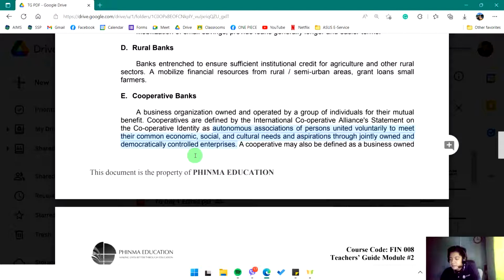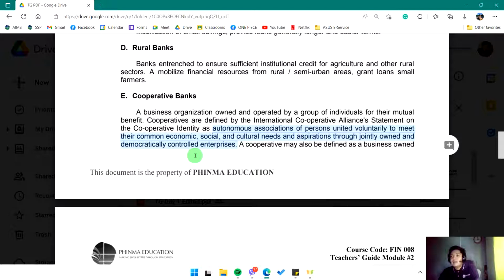And pag co-op kasi madalas, pwede kang magkaroon ng savings account doon, magbibigay ka ng pera, and then yung pera na yun mag-generate ng interest at some point. Pwede kang umutang, pwede kang mag-loan din sa kanila. Pero typically, they are controlled by a group of individuals na meron silang mutual benefit.